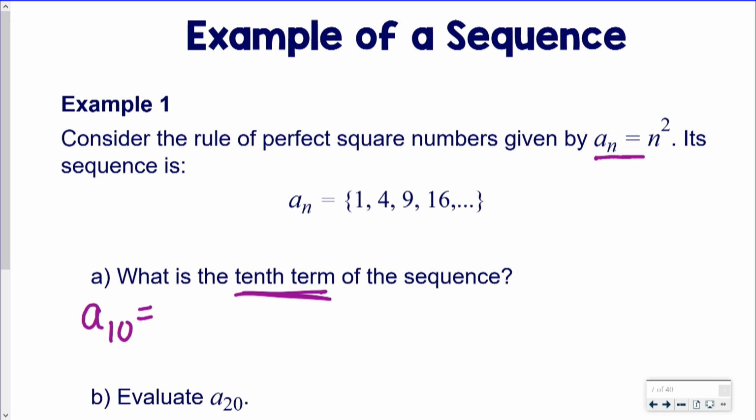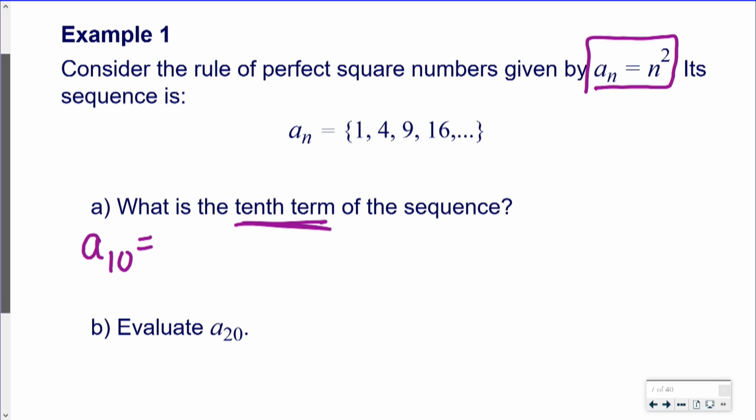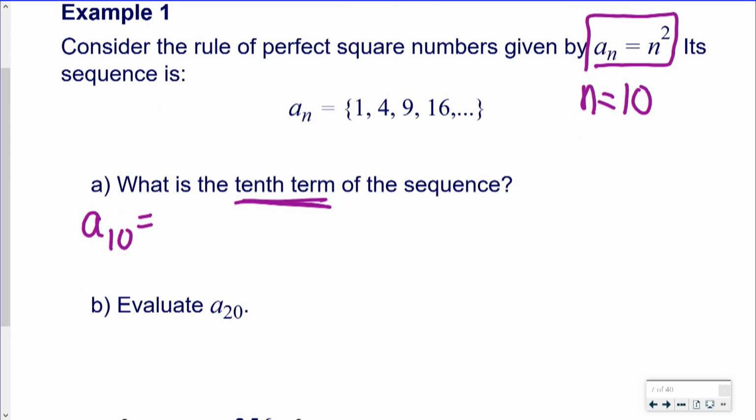Well, we can use our formula, a sub n is equal to n squared, to find the 10th term. In this case, n is 10. So anywhere we see an n in our formula, we're going to substitute in the number 10. So a sub n is equal to 10 squared.